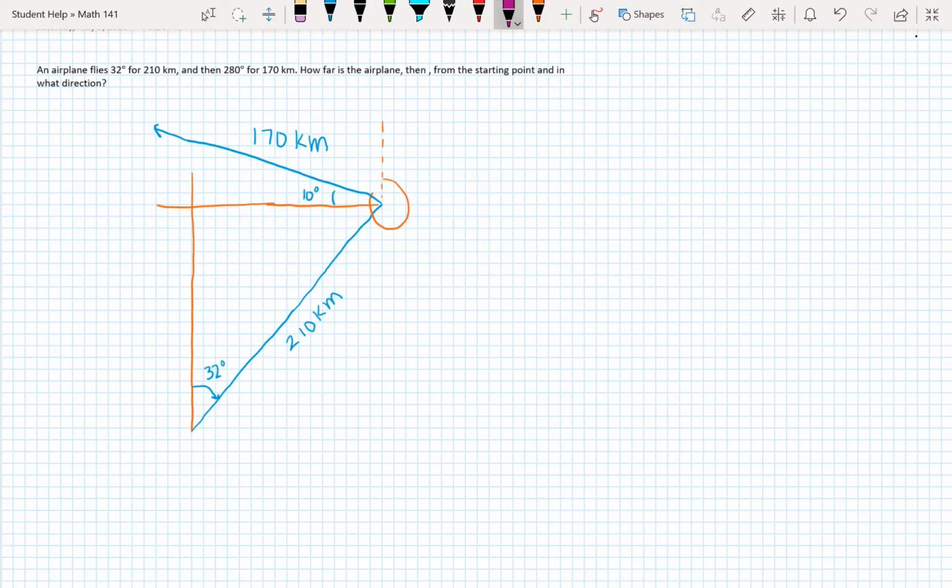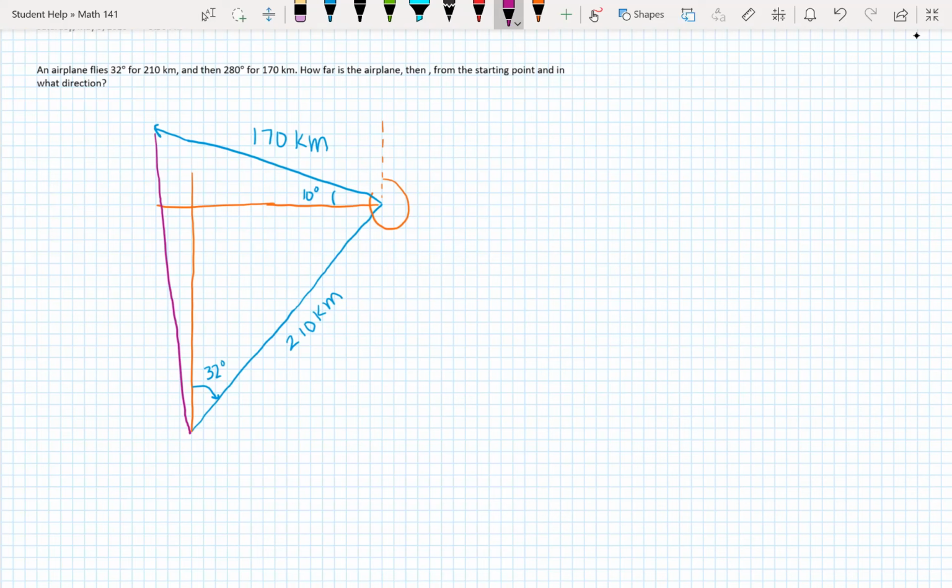What we're trying to find is the direction from the starting point that the plane ends up, and also the magnitude, or the length of the vector, how far it is from its starting point. So there's a couple of different ideas that are happening here.